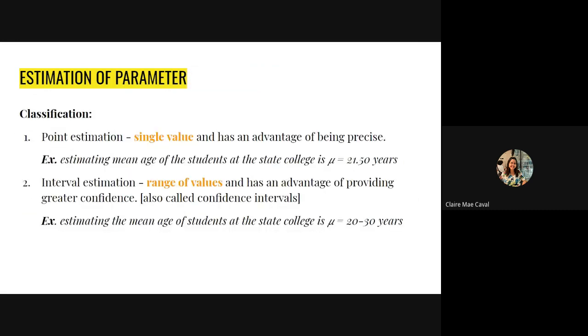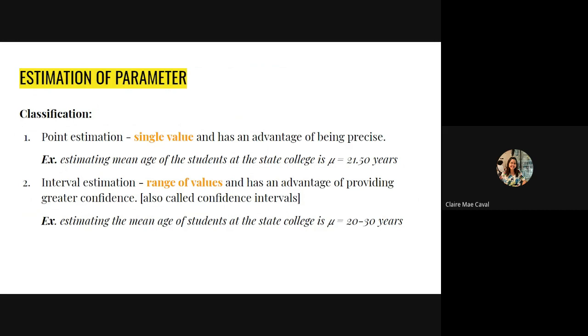Estimation of parameters first. There are two classifications: point estimation and interval estimation. When you say point estimation, these are single values and have the advantage of being precise. When we say precise, class, these are values that are repeated and follow closer or the same values upon repetition or upon trials.